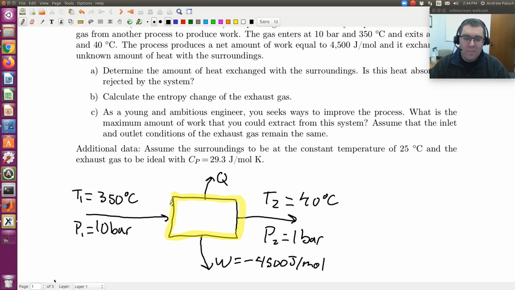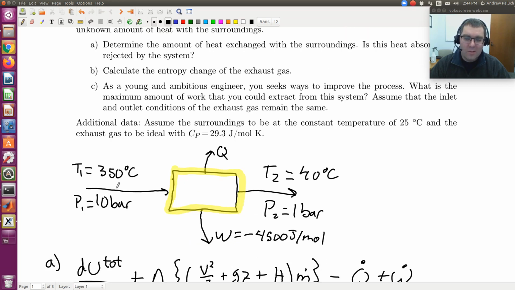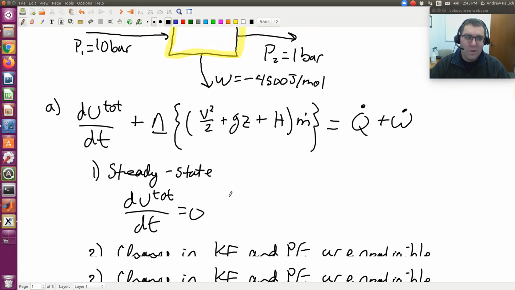What we're trying to accomplish in the system is that in goes some hot exhaust gas, we extract work, and then exhaust gas comes out at some lower temperature and pressure. The question is, what's the maximum amount of work that we can extract? Remember, the maximum amount of work that we can extract, or for a process that requires work as an input, the minimum amount of work required, happens when Sgen is equal to 0.